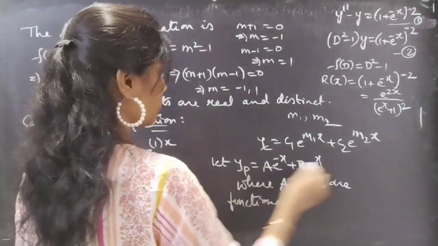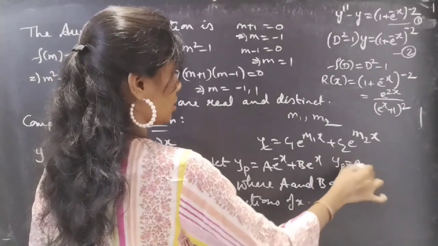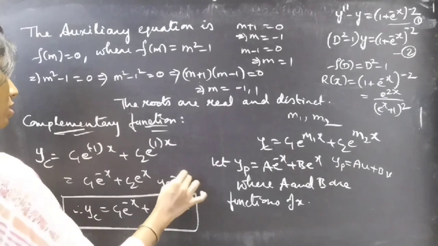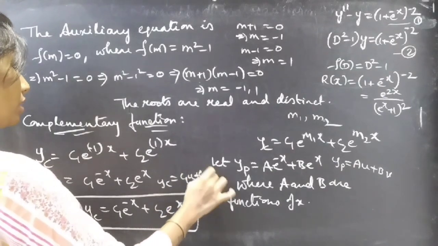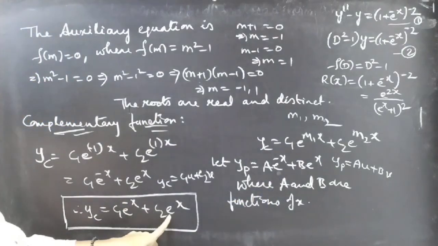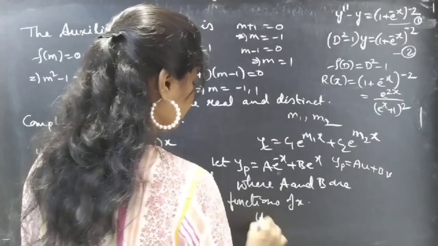And if you compare yp with au plus bv, or yc with c1u plus c2v, we'll have u and v, where u is e power minus x and v is e power x.